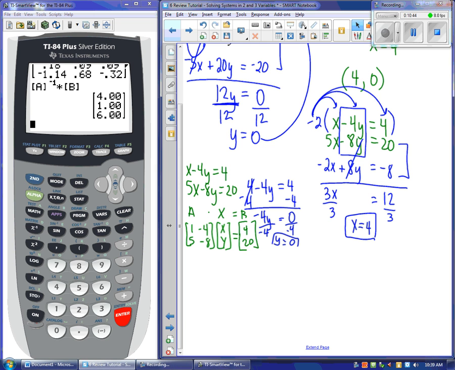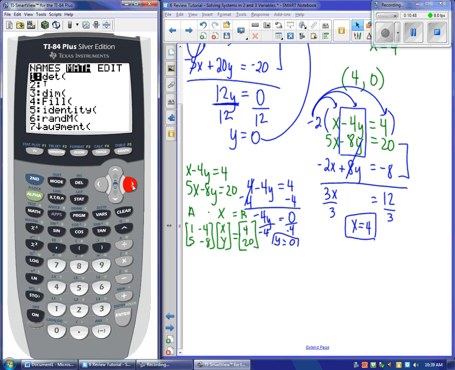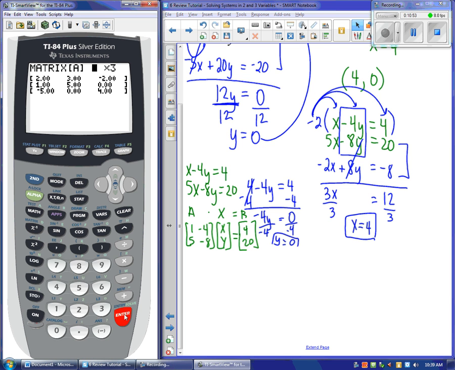So if I wanted to put this in my calculator, again, we'll do second matrix. I have to scoot over to edit and choose matrix A to enter in matrix A. But this is now a 2 by 2 matrix, and I can enter in 1 and negative 4. Notice I never changed my decimal places, so it's showing everything as having exactly 2 decimal places.